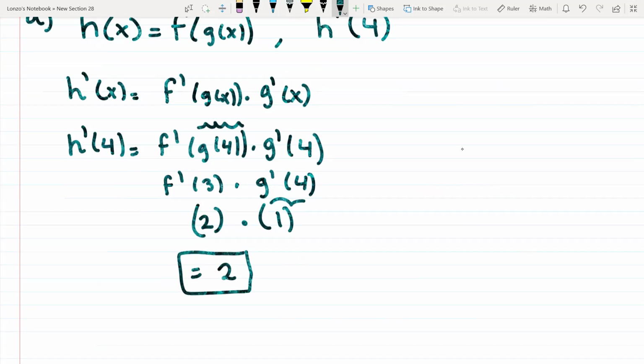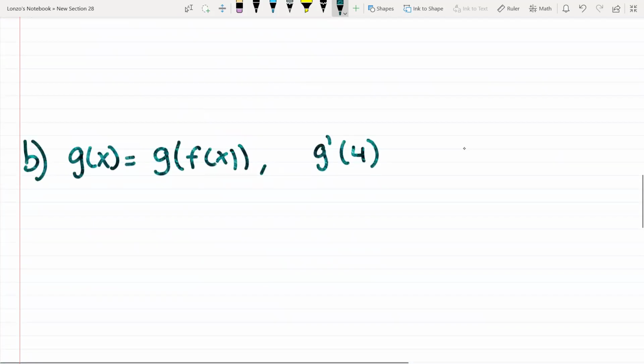Okay, so that was A, and the next one is B. We have g of x, which is g of f of x, and we've got to find g prime of 4. Just like the last one, we have to apply the chain rule.